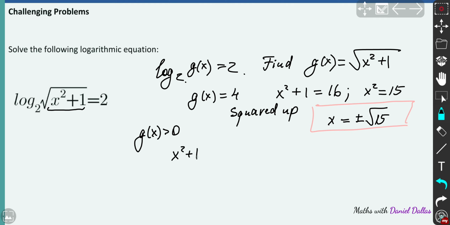So x can be any value, and it doesn't violate the restrictions that we should have for the expression inside the log. So there is no violation, and that's the answer, hence plus or minus square root of 15.